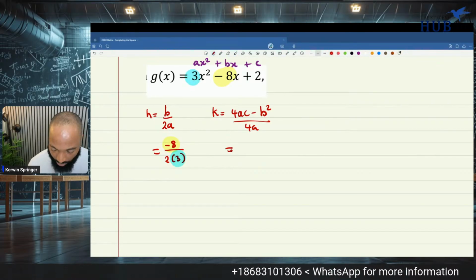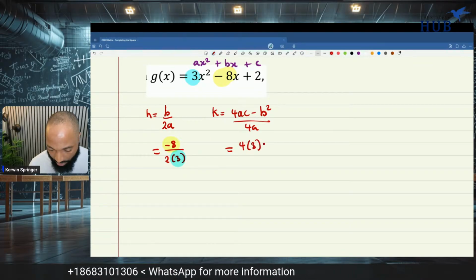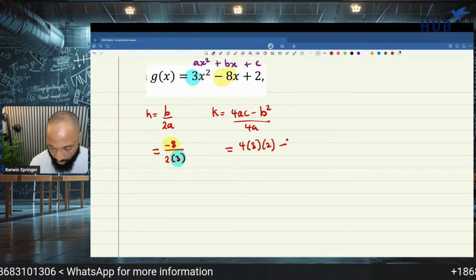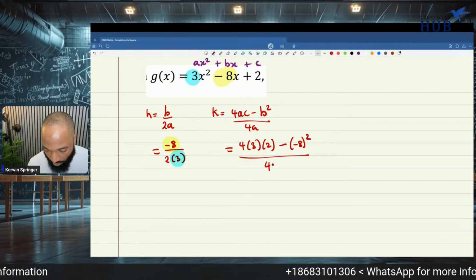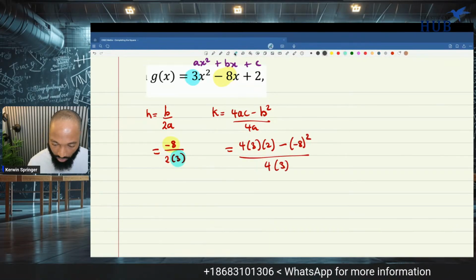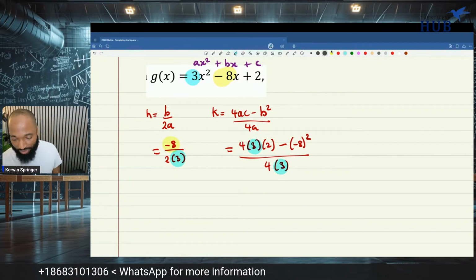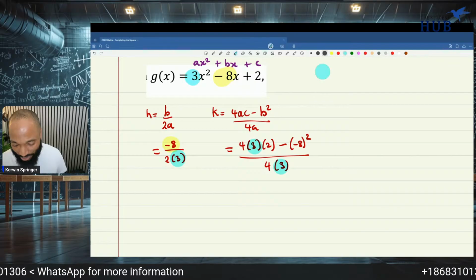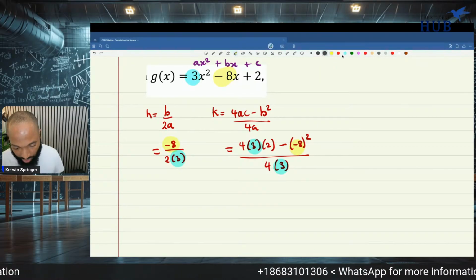And k can be substituted as 4 times 3 times 2 minus negative 8 squared, all over 4 times 3. If you understand that substitution, type it in the chat. Feel free to interact in the chat.